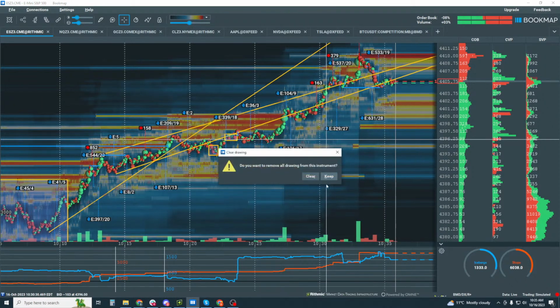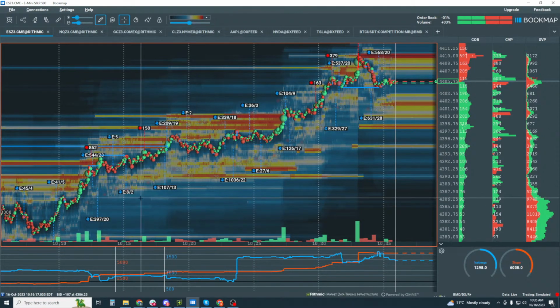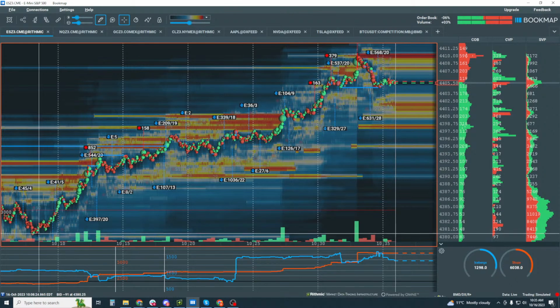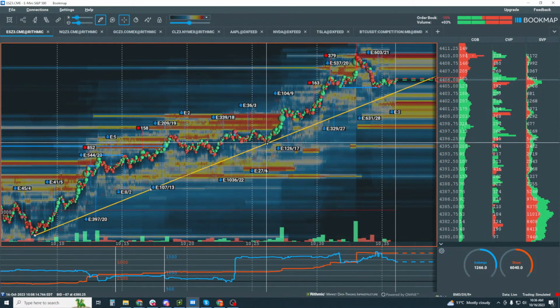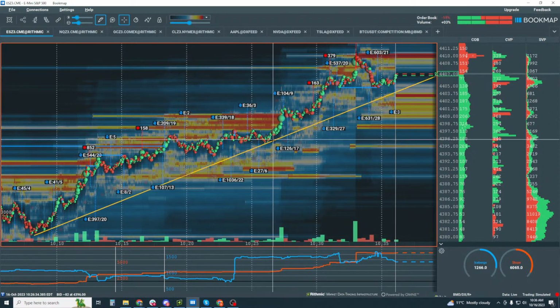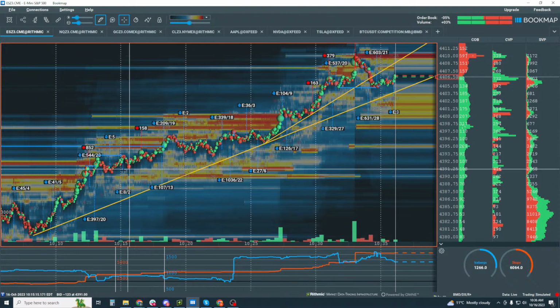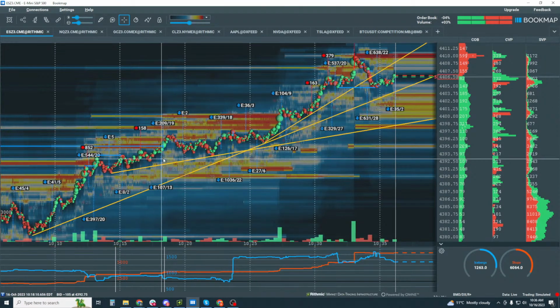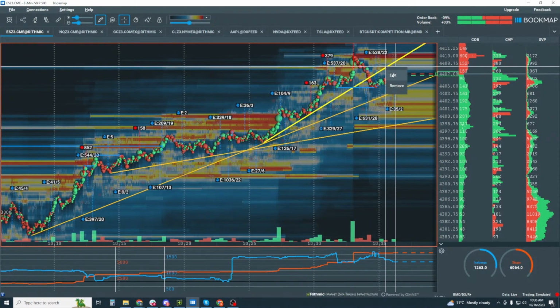Let's clear our drawings here. This more aggressive trend line's already been broken here.